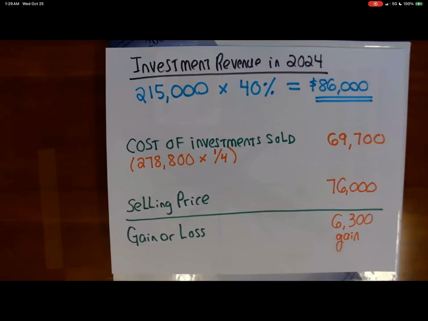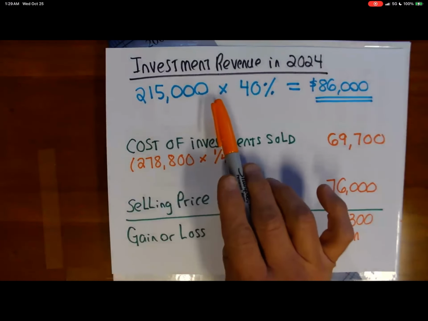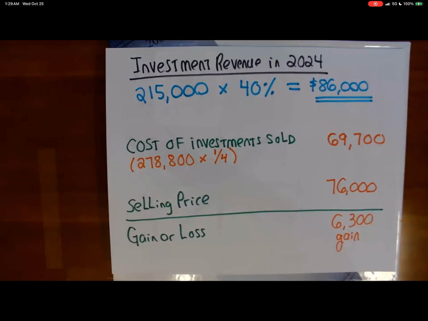Absolutely. If that problem said calculate the investment revenue reported in 2023, we would take the net income in 2023, which was 100,000, times our ownership percent, which is 40%, and get $40,000. All right. Thank you. You're welcome.